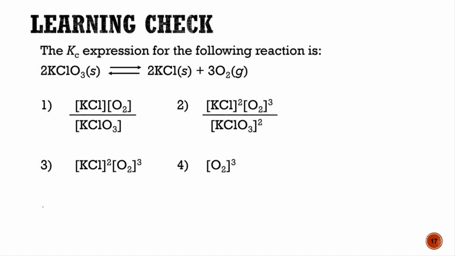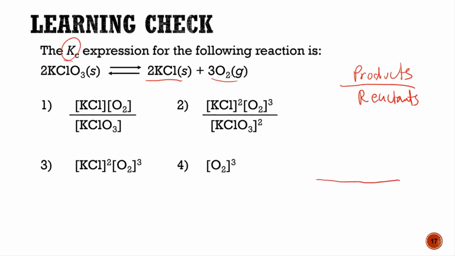Okay, so as we said in the earlier part of the lecture, whenever they want you to write K, your equilibrium constant, just think products over reactants. That's the best way to think of this. So this quotient represents how these concentrations are proportional to each other. So what are my products? I look on the right side, I see potassium chloride and I see oxygen, okay?